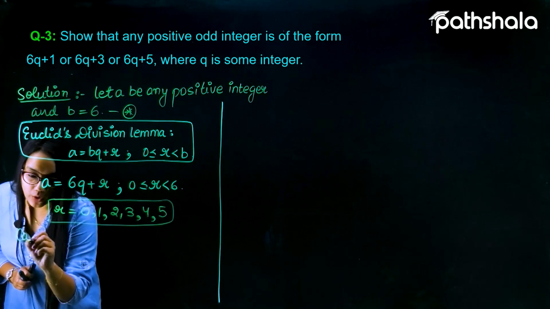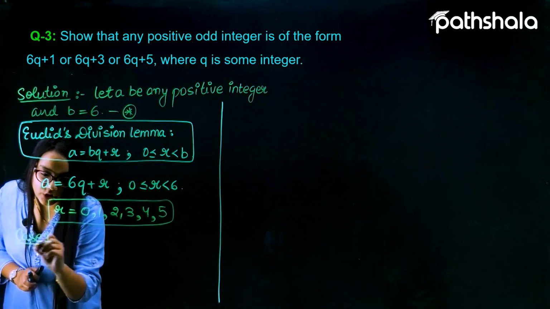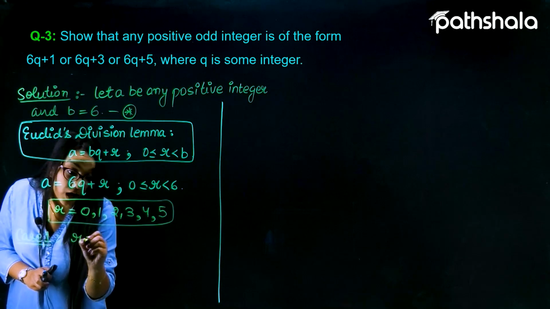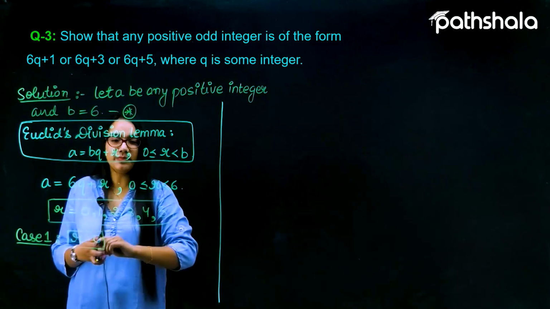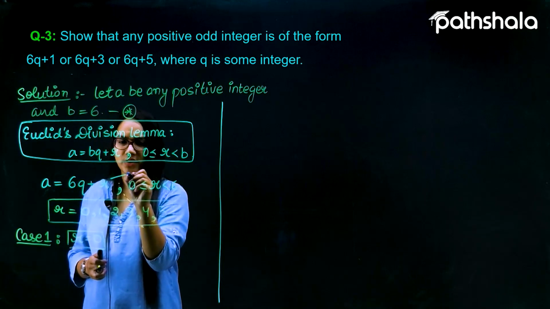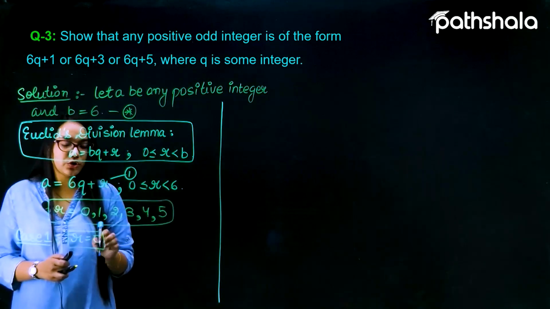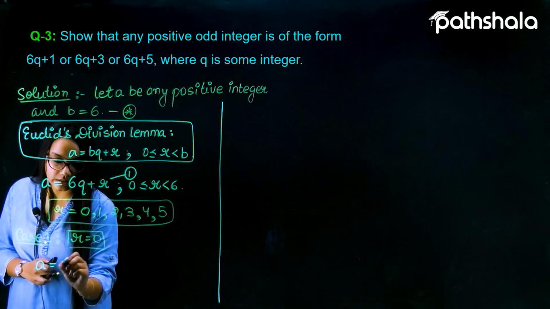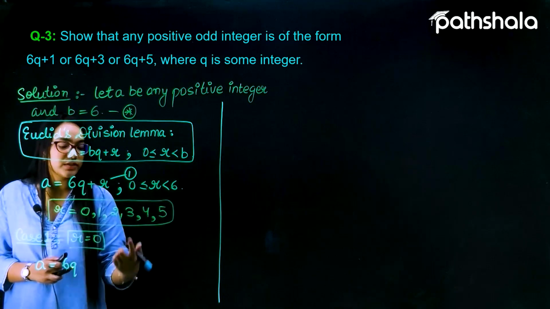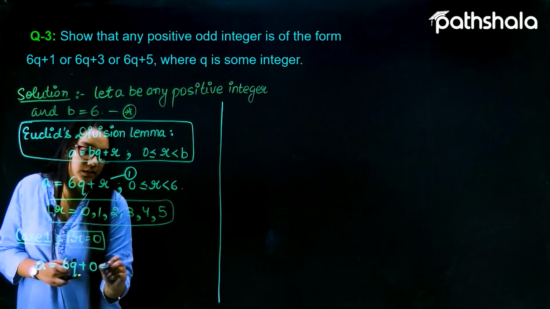In case number 1, I am taking the remainder r equal to 0. Substitute the value of r equal to 0 in equation number 1. So a is nothing but 6q plus 0, which is nothing but 6q.